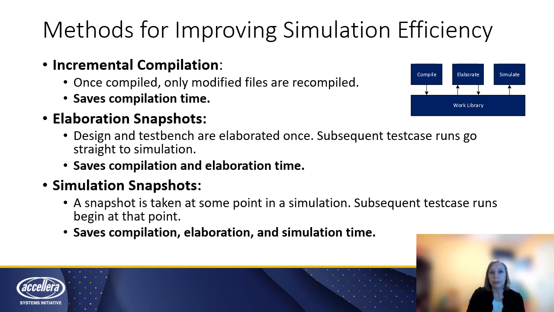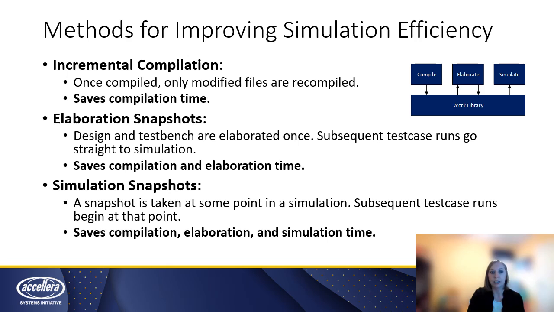Simulation efficiency can be achieved if one or more of the steps can be eliminated or shortened. This slide defines such methods. Incremental compilation eliminates or reduces compile time by only recompiling modified files. The use of elaboration snapshots eliminates both compile and elaborate by using a previously elaborated snapshot and jumping straight to simulation.